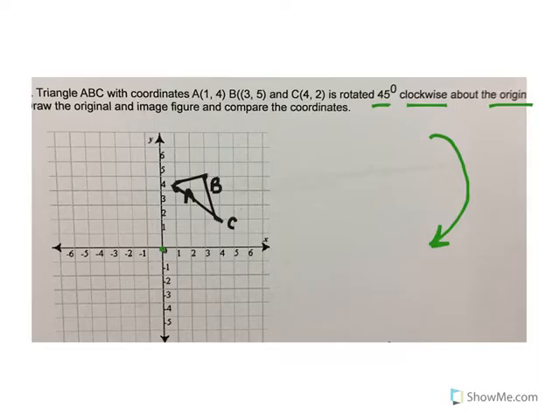So you connect, let's do all these lines in green, okay? So we connect the vertex to the origin, okay? And then we use that line as our radius.